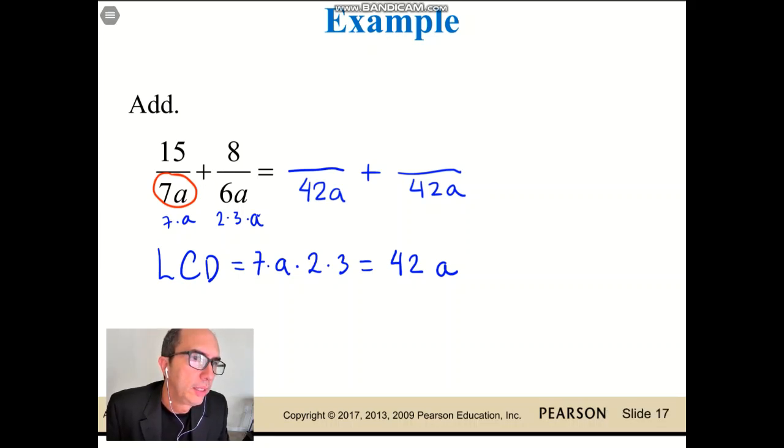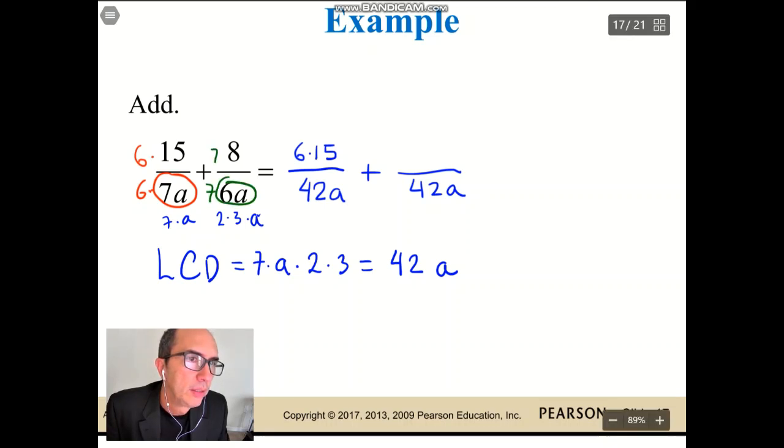To make it into 42 times a, we need to multiply by 6, both on the bottom and on the top, right? Then it equals 42a. So we multiply here on the top by 6. And the next one, to make 6a into 42a, we need to multiply 6a by 7. So we multiply on the top and on the bottom by 7. This is going to be 7 times 8.